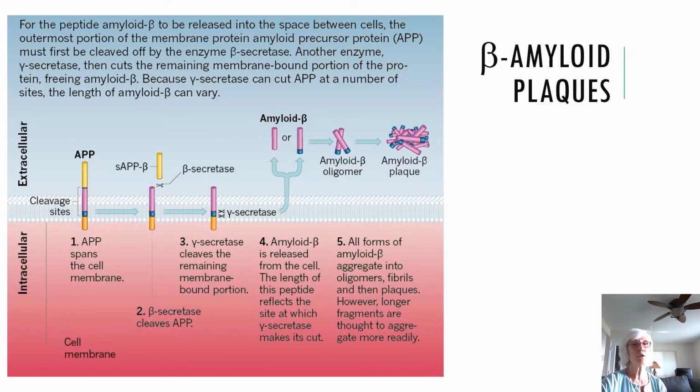In addition to tau tangles, Alzheimer's is also associated with beta amyloid plaques that are extracellular, so outside of the cells in the space.